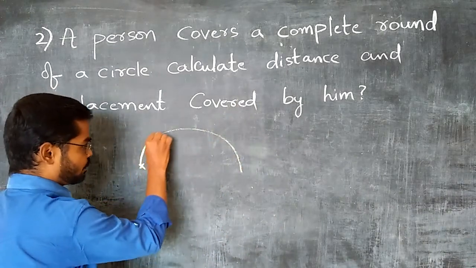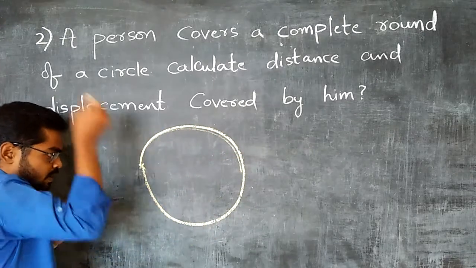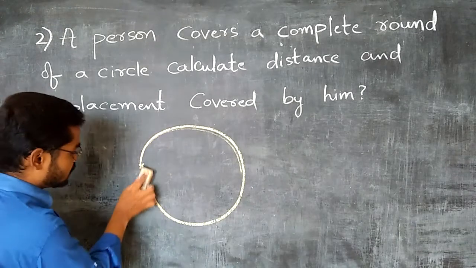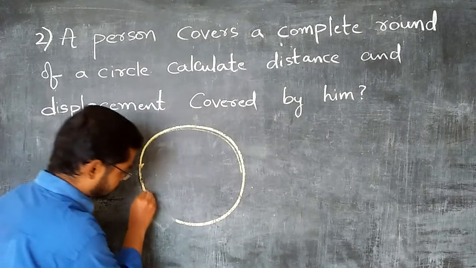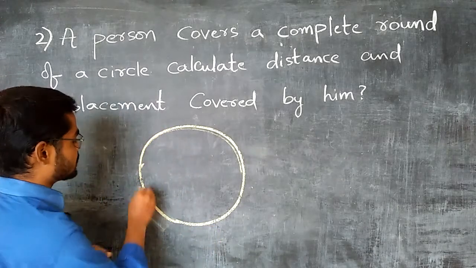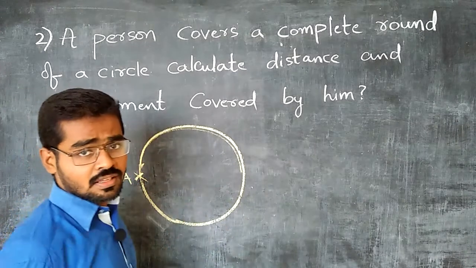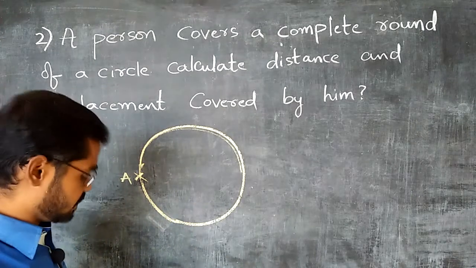That means he starts from point A, moves along the circular path and again reaches point A. The question is, what is the distance and what is the displacement?